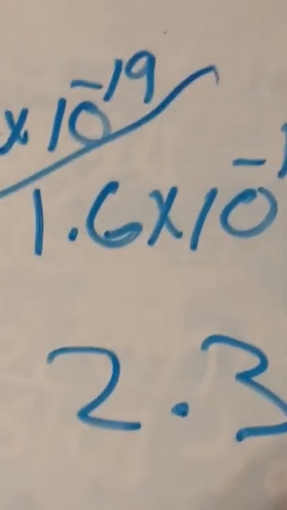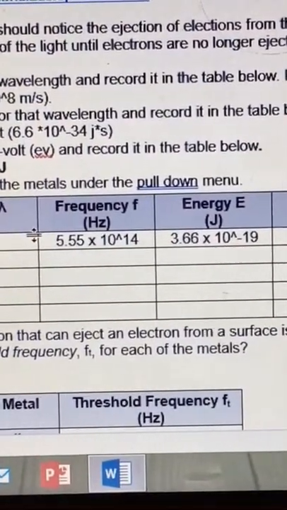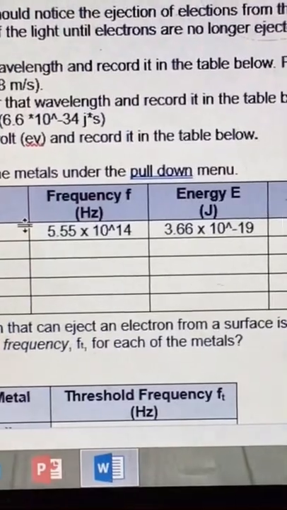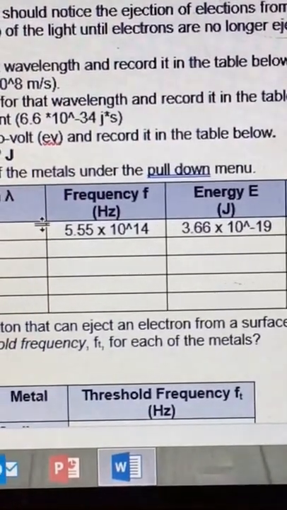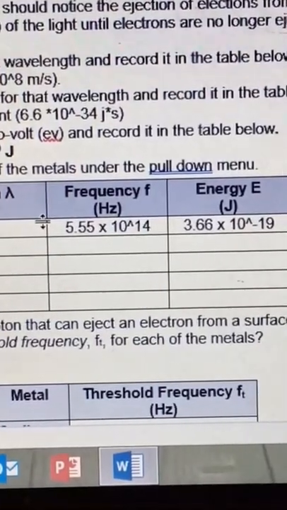So we have our 3.66 times 10 to the negative 19, and we will divide by that 1.6 times 10 to the negative 19, and we will get an answer of 2.3. Once we have finished the first step for sodium, we will complete zinc, copper, platinum, and calcium all the same way.